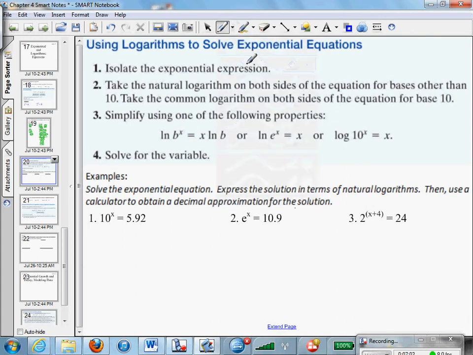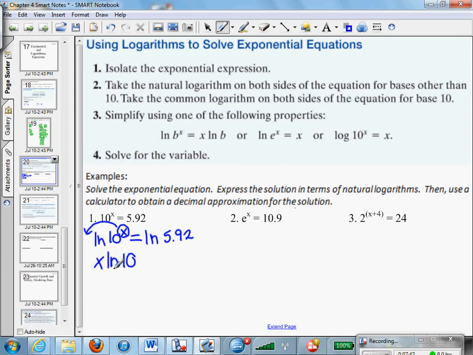So we have, for number 1, 10 to the power of x equals 5.92. To start getting stuff away, we note that our variable is in the power, and the way to get the variable out of the power is to use the power of ln on both sides. So if we ln both sides, natural log both sides, that power of x is going to move to the outside because of our properties of logs.